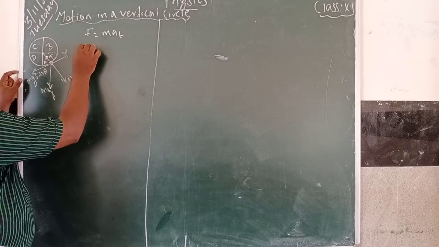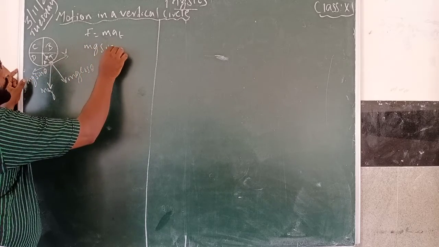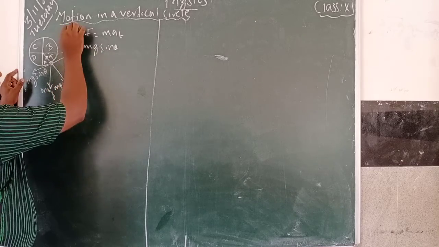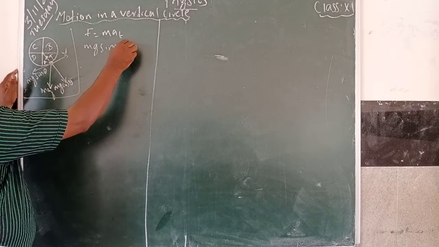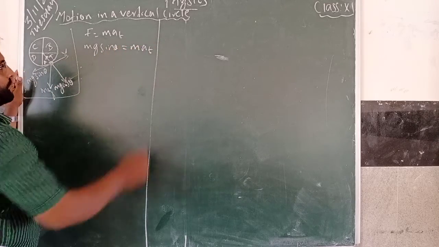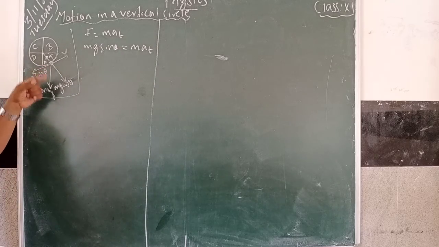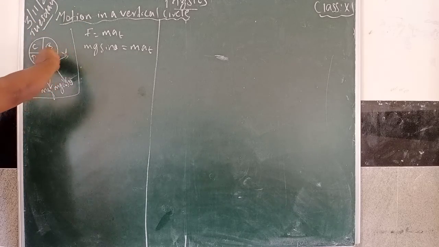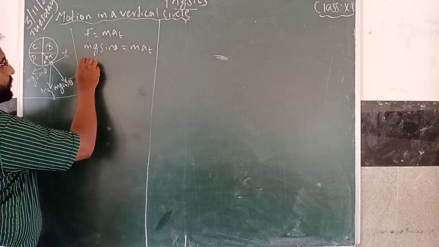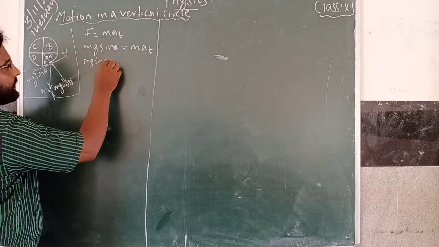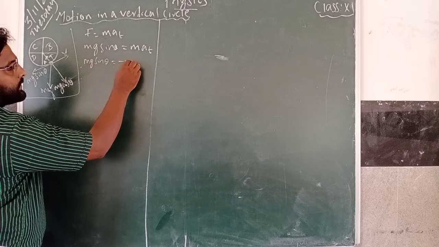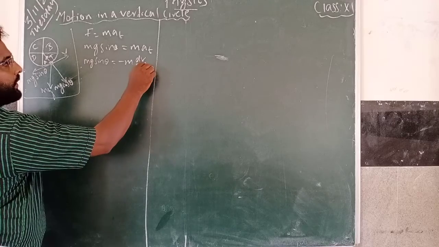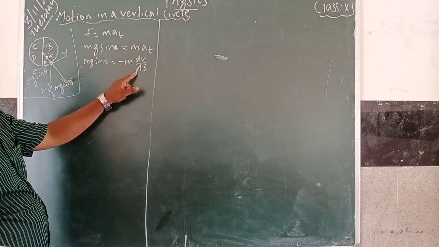So here the force is mg sin theta, mg sin theta is equal to m a_t. Now the tangential velocity of this object is in this direction, and the tangential acceleration is opposite to it, so you can write mg sin theta equal to minus m dv by dt. dv by dt is the derivative form of acceleration.